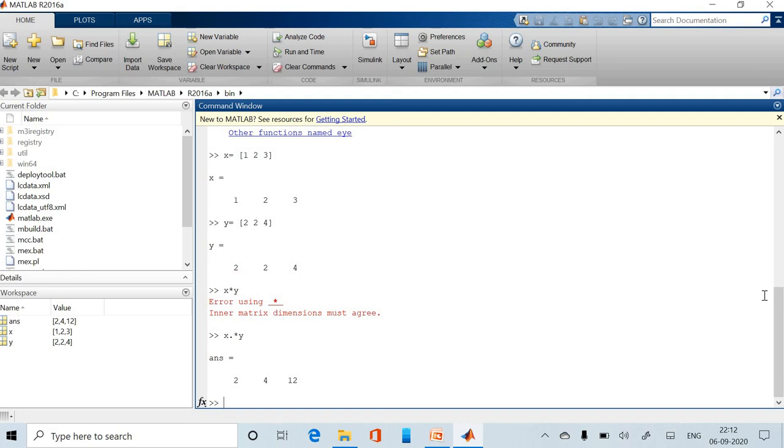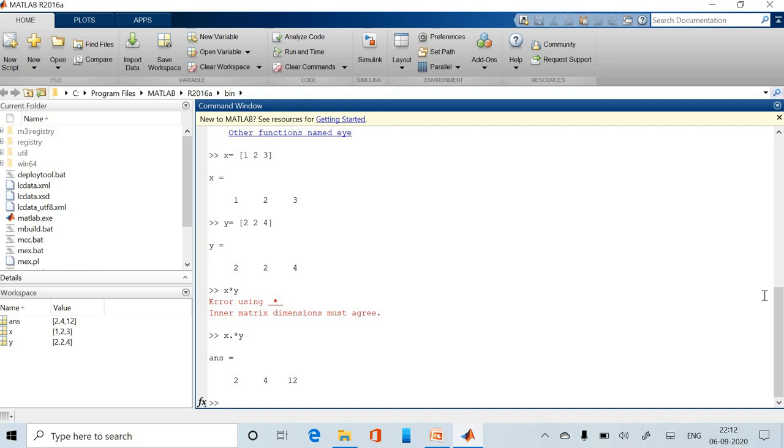ANS is relating to the answer. Also notice one thing, whatever we are typing is stored in the workspace. You can see ANS, X and Y. So ANS is basically showing an answer. Whatever computation you do, the function ANS is always related to the answer.